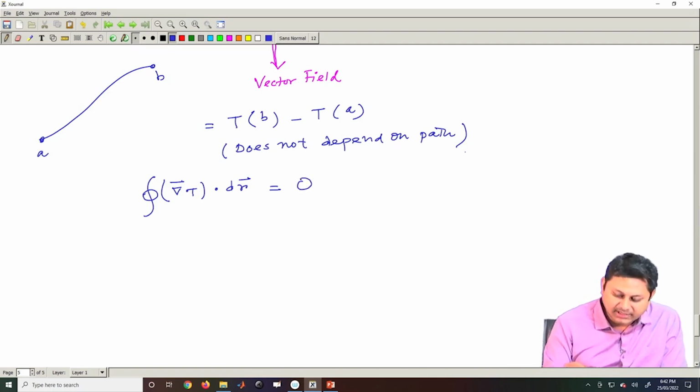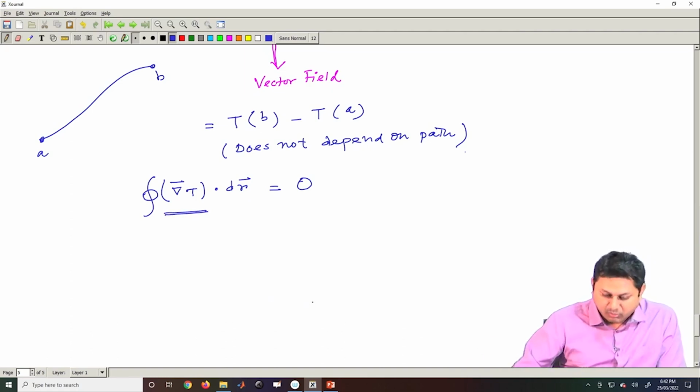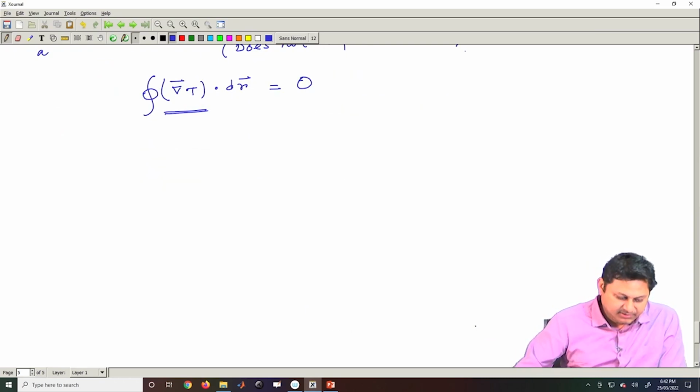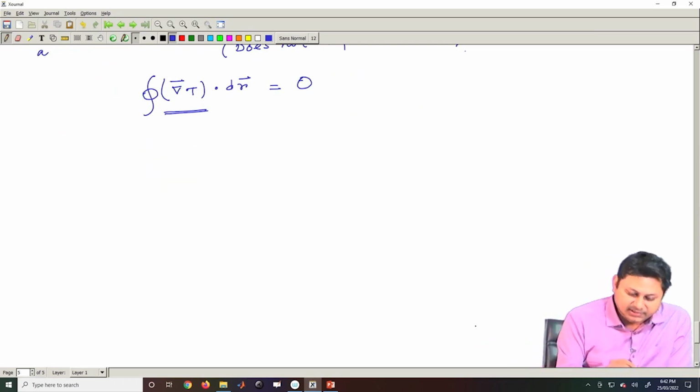So, for a closed line integral, the right hand side has to be 0. Well, what is the general geometrical interpretation? So, that we quickly understand, and then maybe I will discuss more and do some problems.